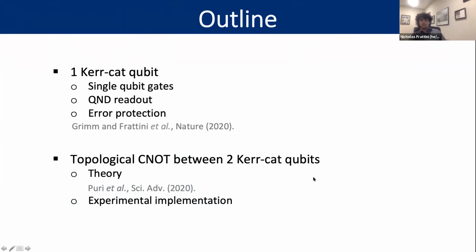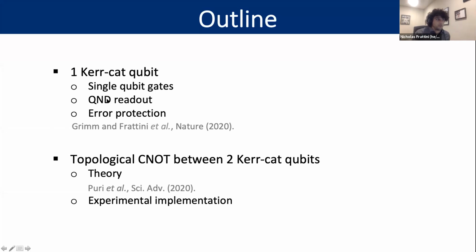That brings me to an outline of what I'm going to try to talk to you about today. In order to talk about how to do multiple things with a Kerr-Cat qubit, we need to start with one. So first, what is the Kerr-Cat qubit, and what are the highlights of the things that we can do with it? Single qubit gates, readout, and the error protection capabilities that give you that protection that we so love.